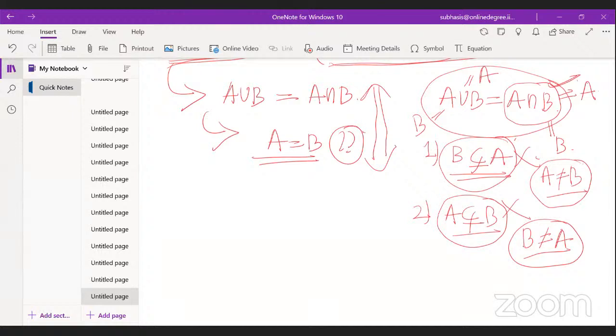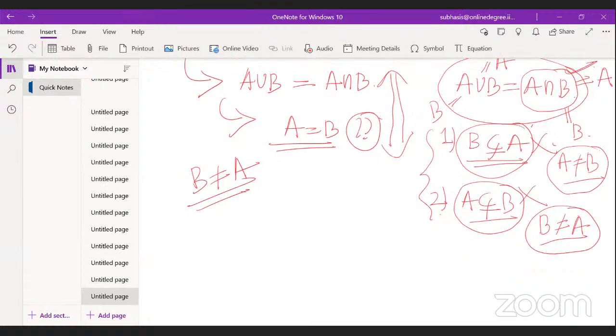Now suppose B is not equal to A. This is for your understanding. Basically you can do this directly without involving this thing.